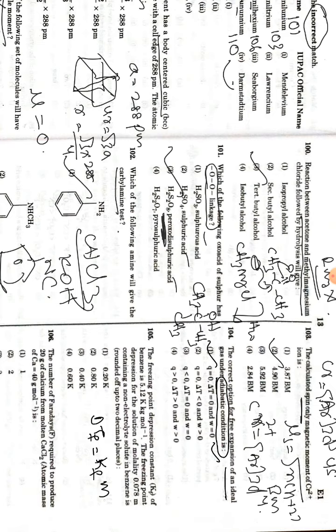KF he has given as 5.12 and molality 0.078. He is asking delta TF, that is 5.12 into 0.078. It will be around 0.399, so it is 0.40 Kelvin.